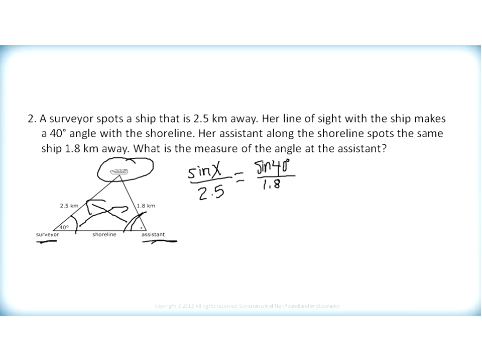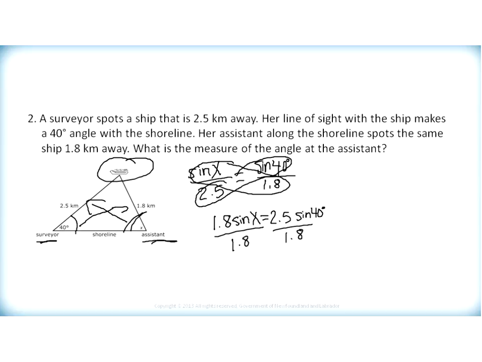To get x by itself, I'm going to have to cross multiply, or get sine x by itself first. I'm going to cross multiply. I'm going to get 1.8 times sine x is equal to 2.5 times sine of 40 degrees. So what I do next is I divide both sides by 1.8. And that tells me that sine of x is equal to 2.5 times sine 40 degrees all over 1.8.